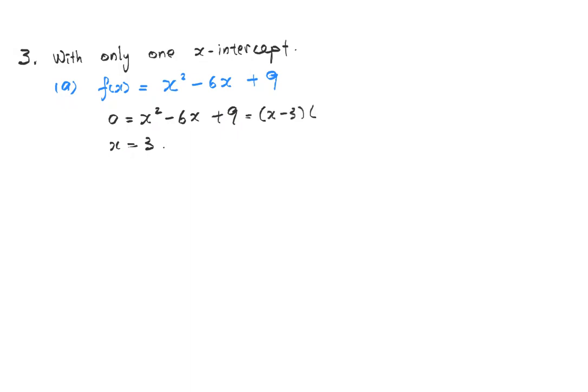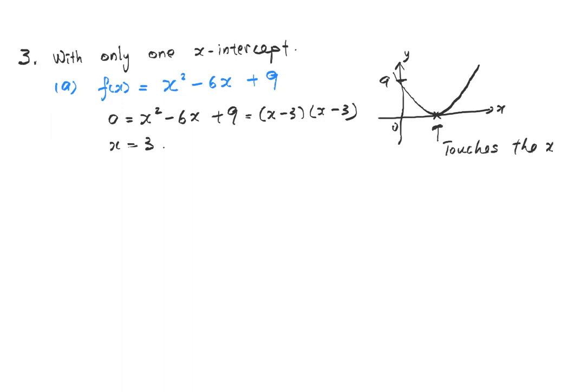You see, it has the same factor. Am I right? If you have a graphic calculator, when you sketch this graph it will go like that. It passes through 9, it goes like that. So this is a situation whereby the function touches the x-axis.